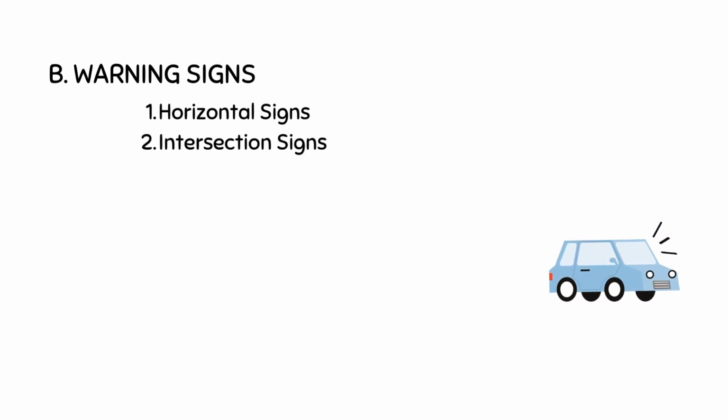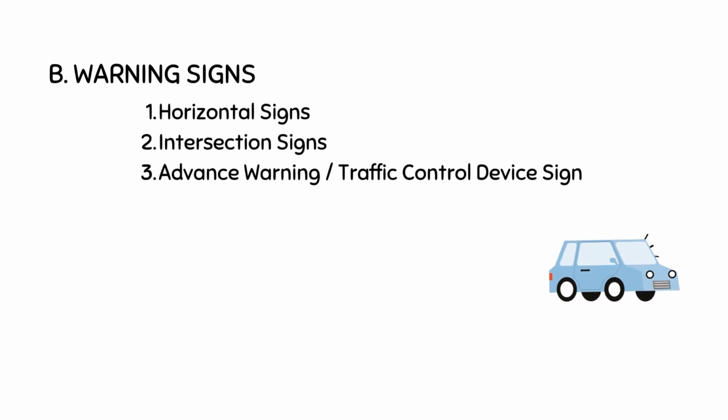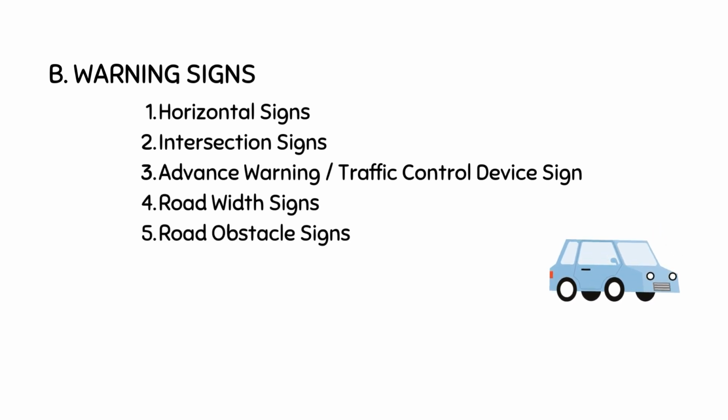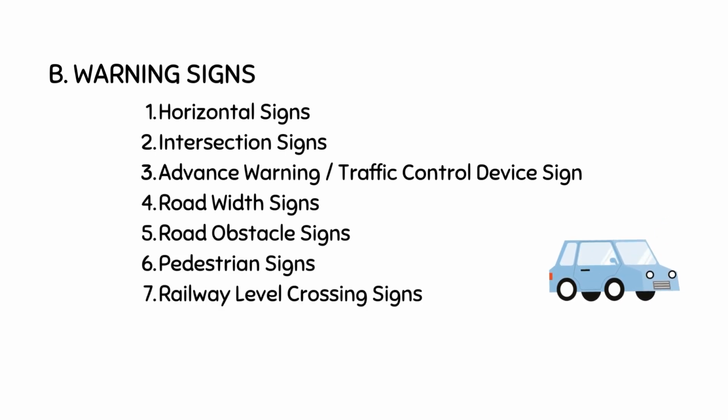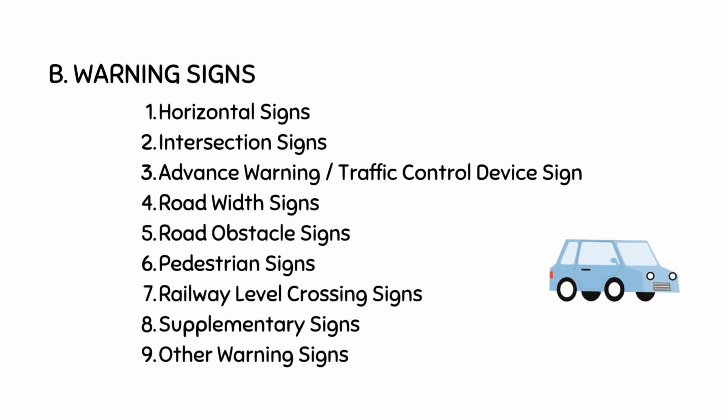Intersection signs. 3. Advance warning/traffic control device sign. 4. Road width signs. 5. Road obstacle signs. 6. Pedestrian signs. 7. Railway level crossing signs. 8. Supplementary signs. 9. Other warning signs.